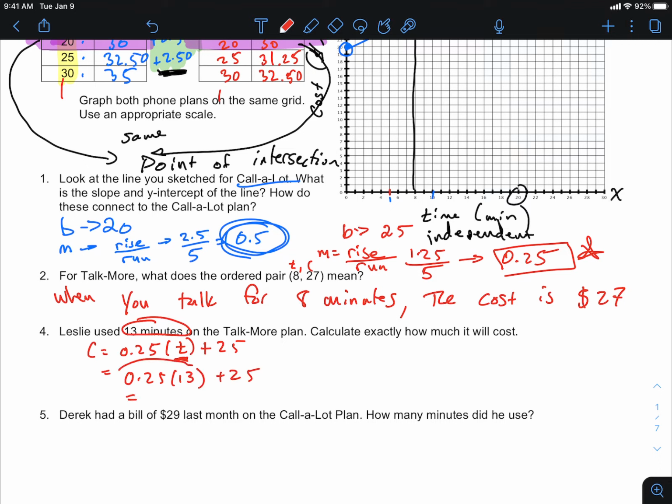So all you have to do is do the math on 0.25 times 13, which I don't know off the top of my head. It's 3.25. That's going to equal 28.25 if she uses 13 minutes.